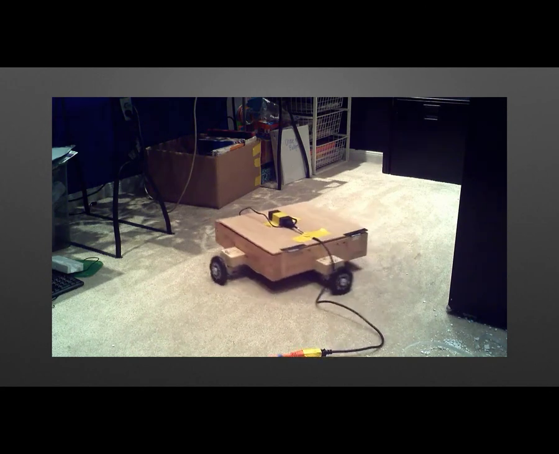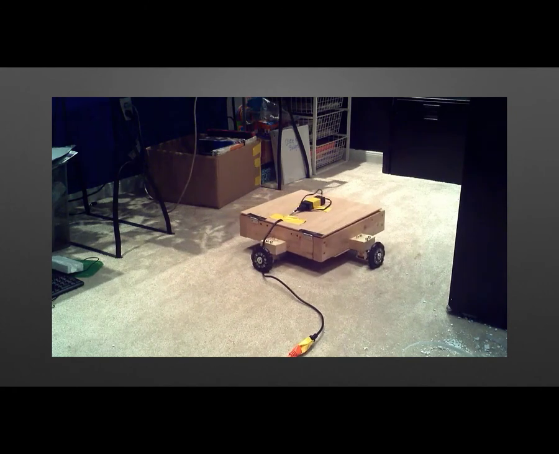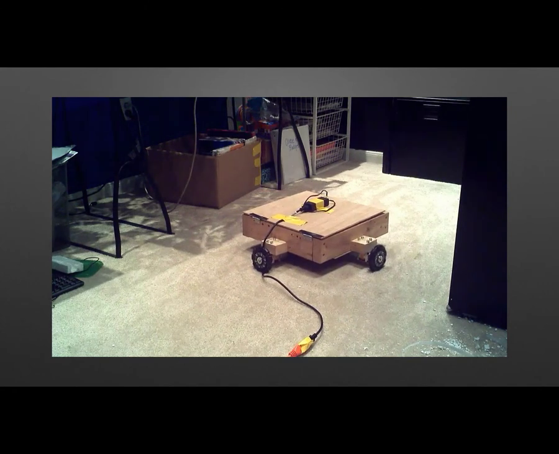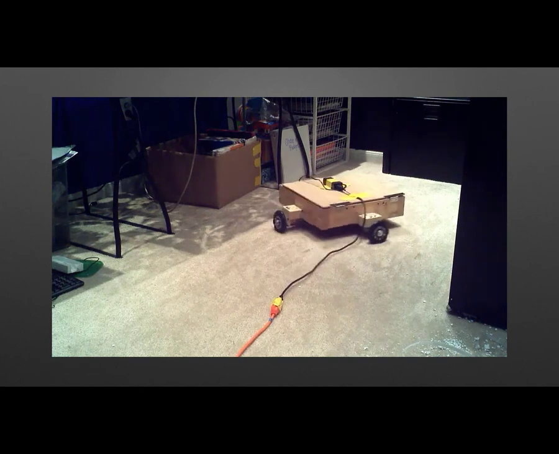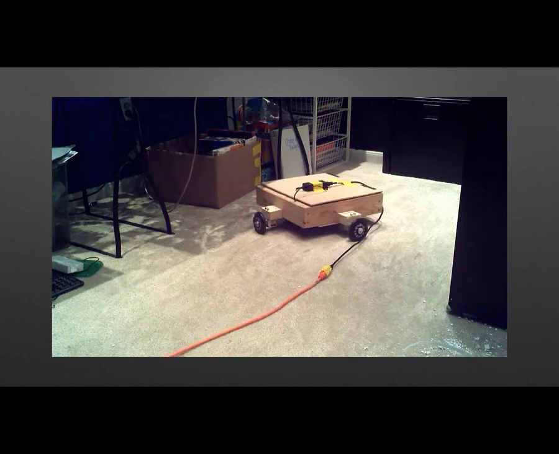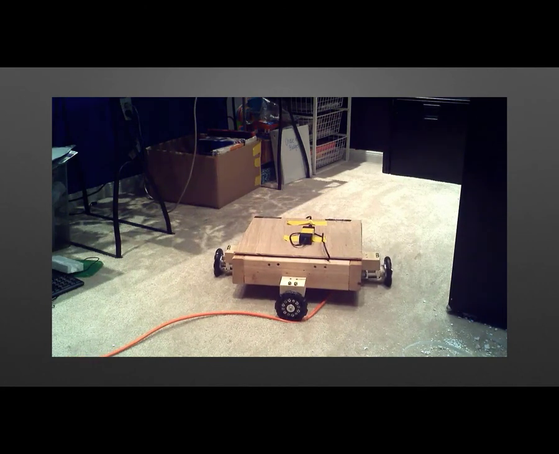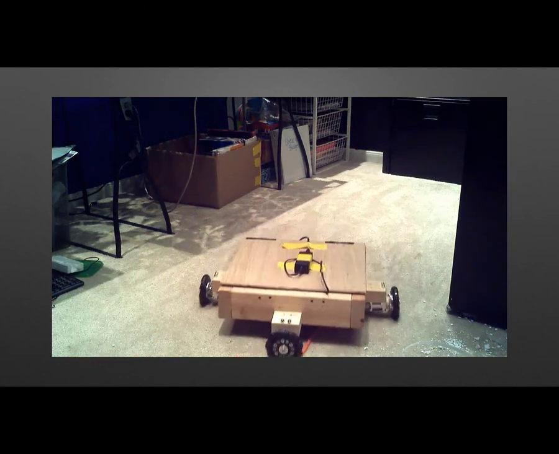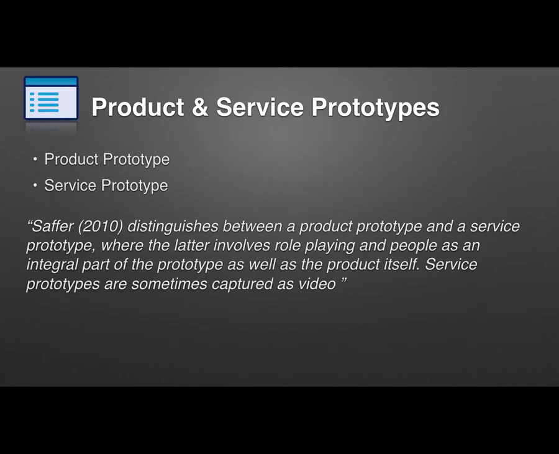And you can see, even in this case, obviously the robot would not be used with an extension cord hooked to it, but the point is to test the wheels and that kind of thing. Anyways, that's just an example. It's a hardware example, but it gives you the spirit of a prototype.